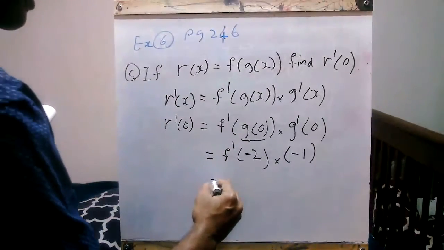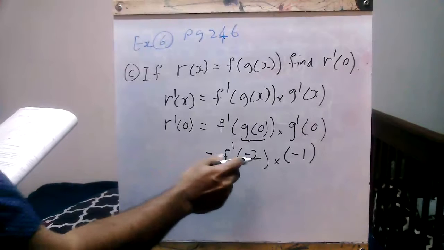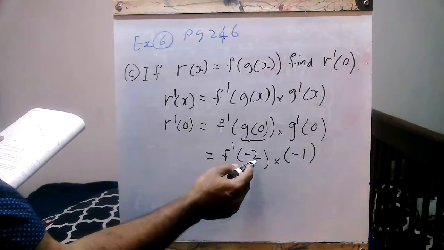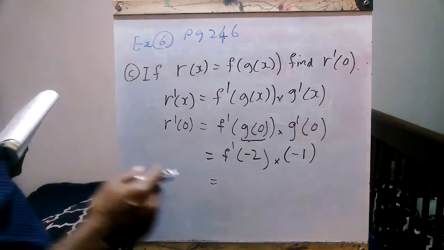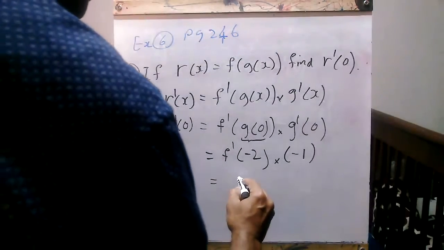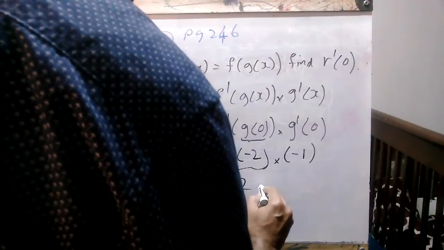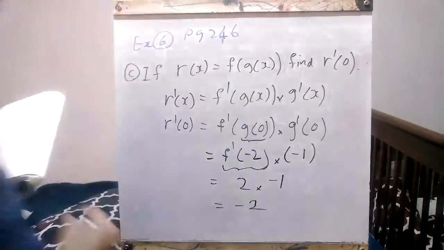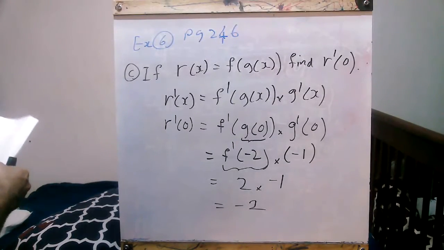Now f'(-2), derivative of f at negative 2, that's what this means, it is positive 2. This whole thing is positive 2 times negative 1, which is negative 2. Alright.